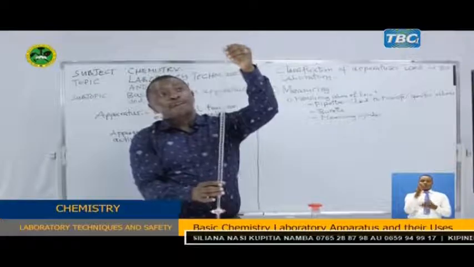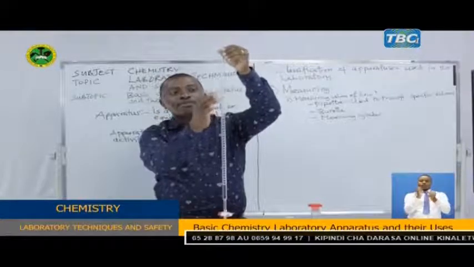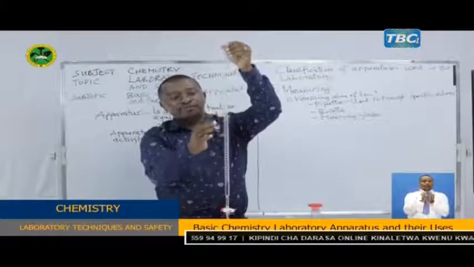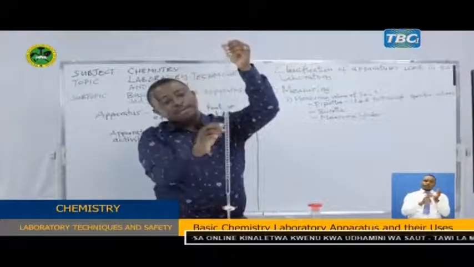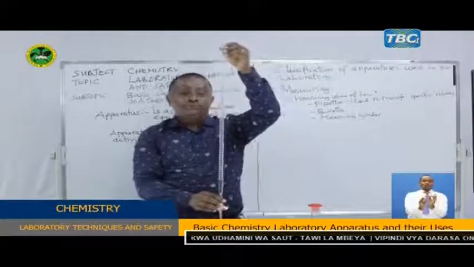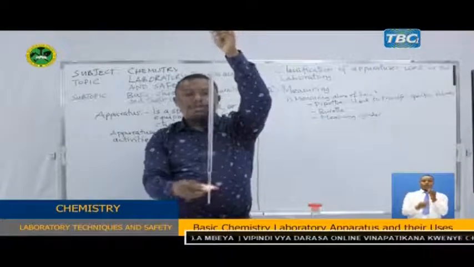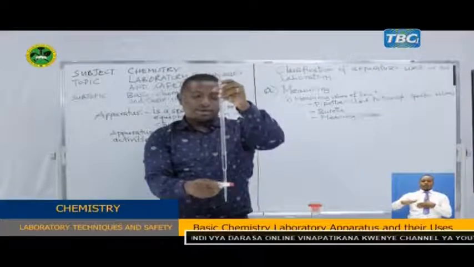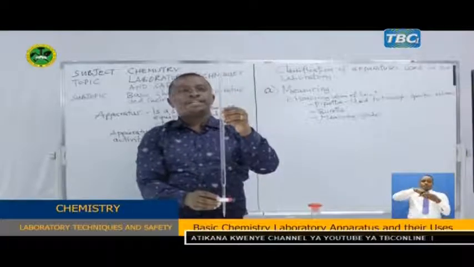So from the burette you can have a volume of 10.5, 15.5, 20, 7.5, 10. So it measures accurate volumes, and it is used to dispense liquids. This kind of apparatus is used in titrations.